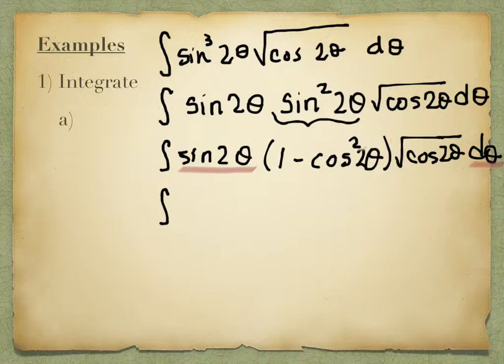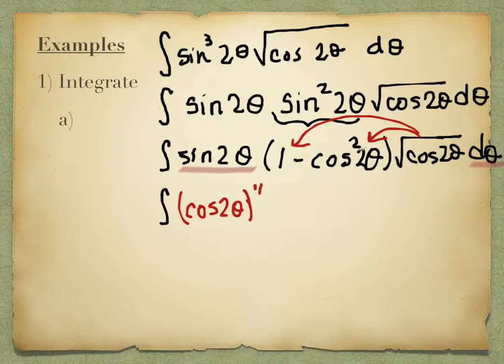So what I'm going to do is actually distribute this right here. The first one ends up being the square root, or let's write the square root as a 1/2 power. Is that okay with everyone? So I'm going to write cosine of 2 theta to the 1/2, because that's what it's going to be multiplied by the 1 at the beginning, minus, and then I have a cosine 2 theta here.